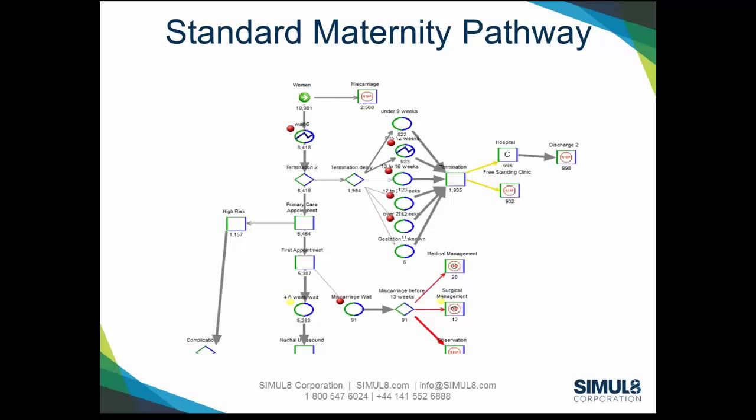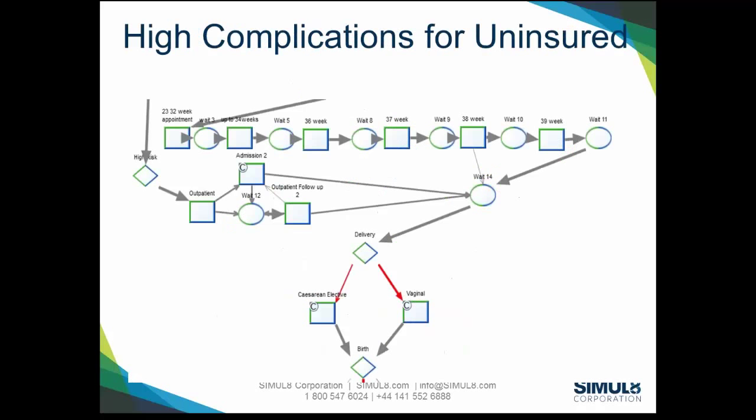And the site that we worked with in Canada was looking at the complications for uninsured people who tended to come in much later in the pathway. They didn't access antenatal care services, and then they had multiple admissions. They might even have had an inpatient stay right from the point that they were identified to the system until delivery. So very different experiences of that pathway of care depending on who you were.